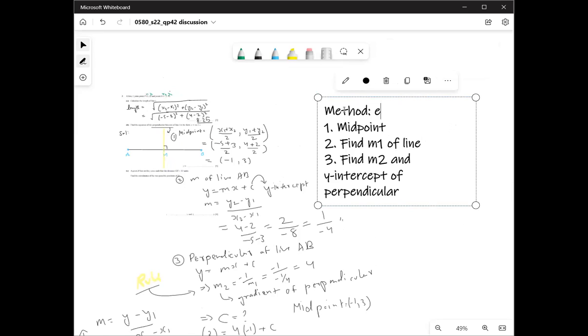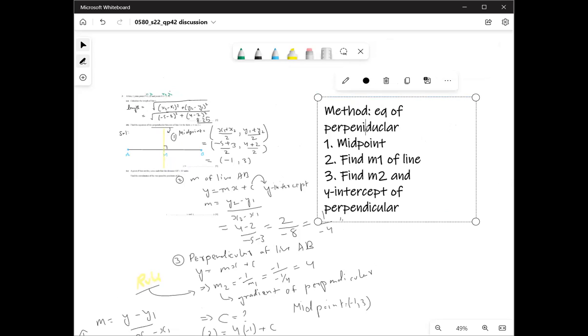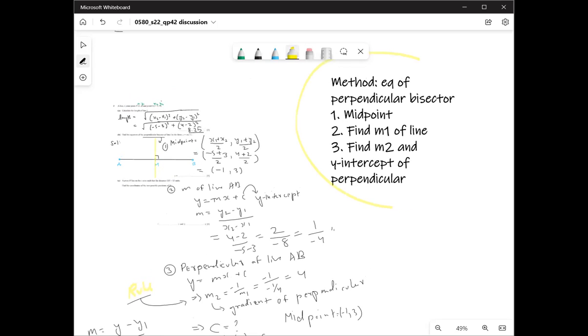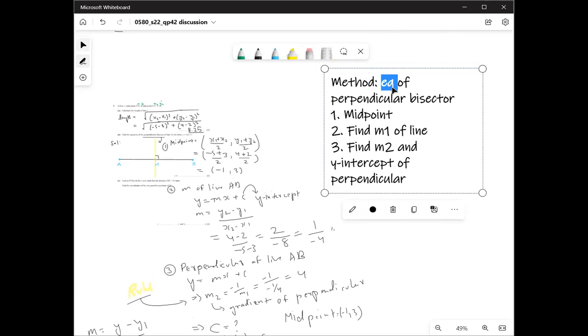Write this down. Okay, done? Write this part. Wait, EQ means equation, right? Yes. Equation.